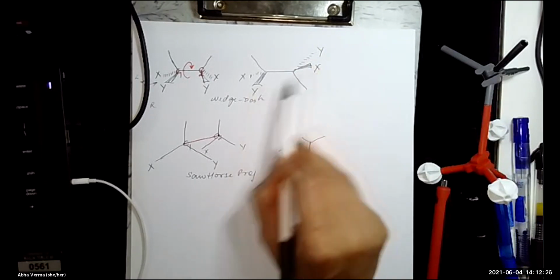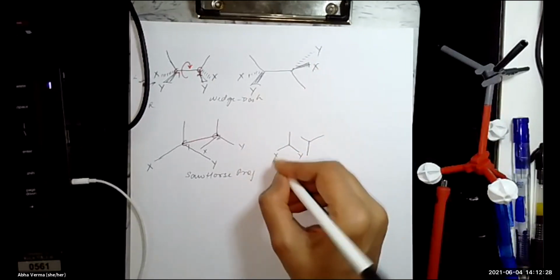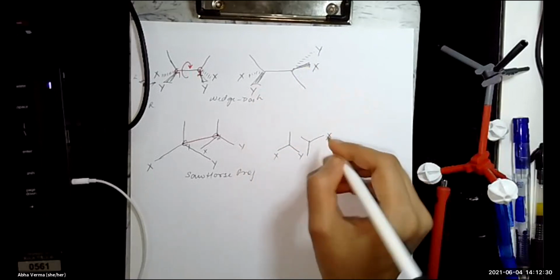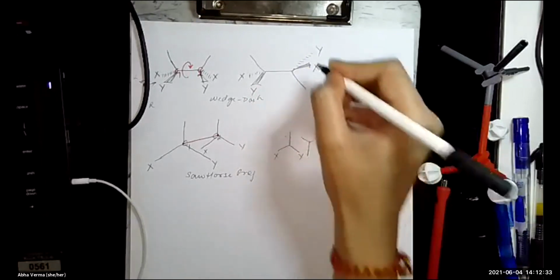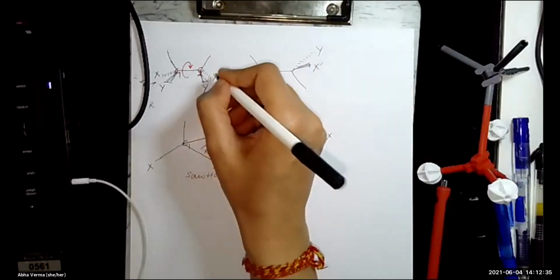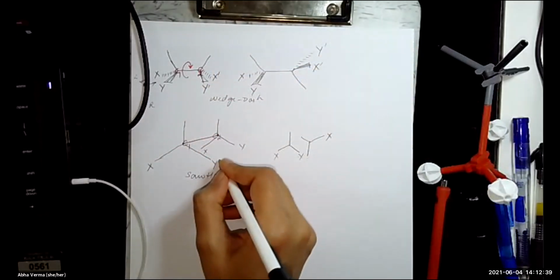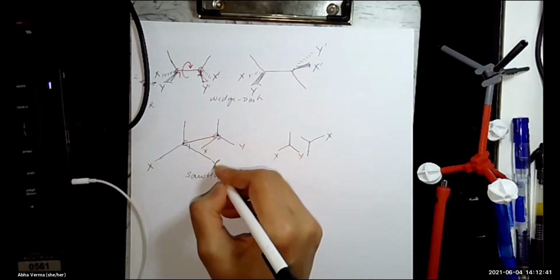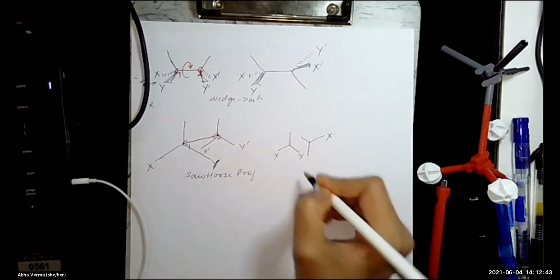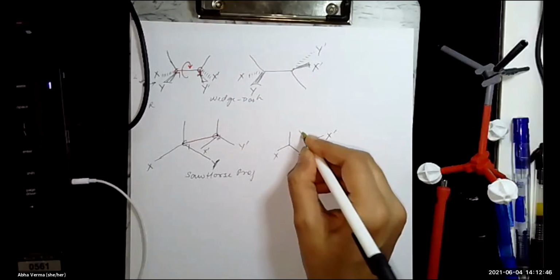My X and Y are in the same direction. Let me put it X prime, Y prime, X prime. Y prime, sorry, not this one. Y prime, X prime, X prime, Y prime.